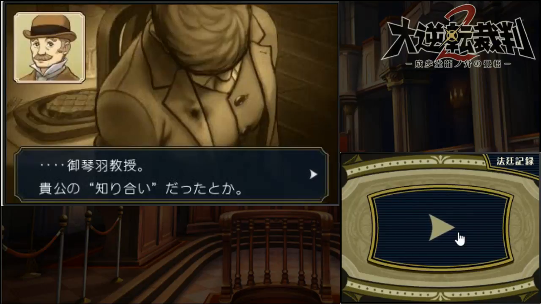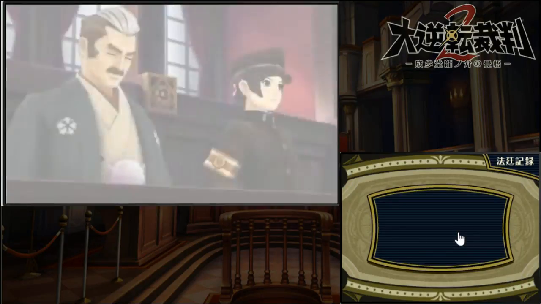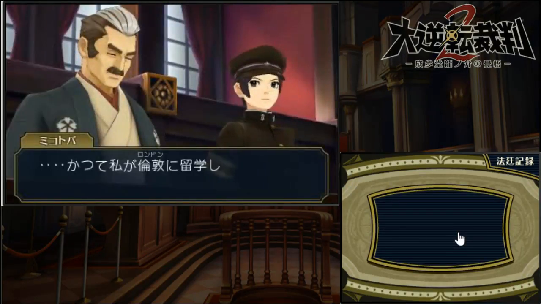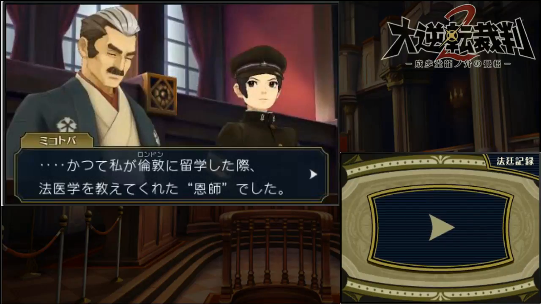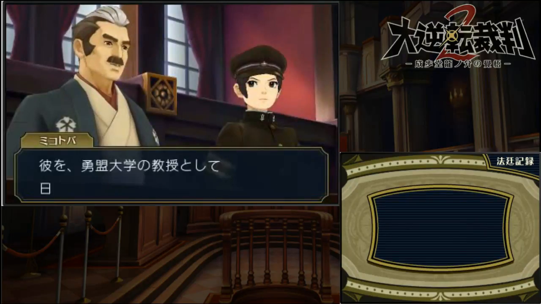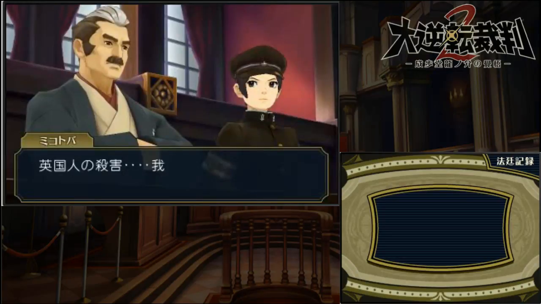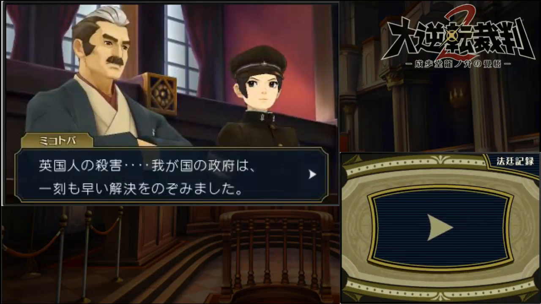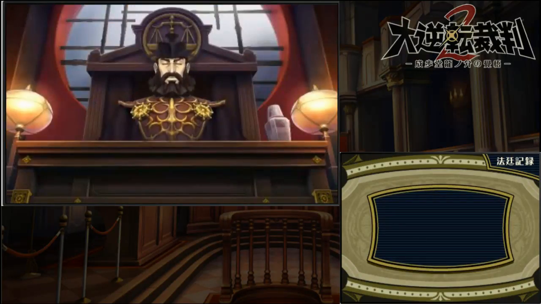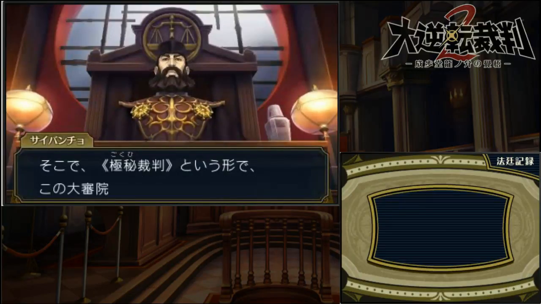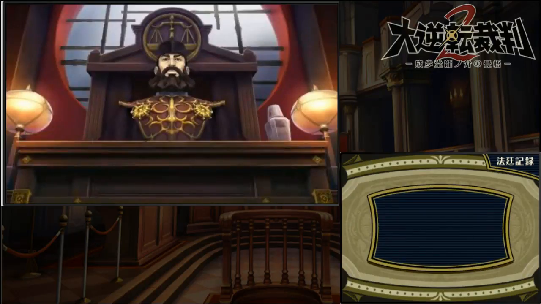Because I'm getting here is Professor Mikatobo. Was he not an acquaintance of yours? He was my former teacher in forensic medicine back when I was studying in London. And it was I who invited him to Japan to teach at Yume University. Our government had wished to resolve the matter of the Englishman's murder swiftly. The trial was carried out here within the walls of the Supreme Court, treated as a state secret.